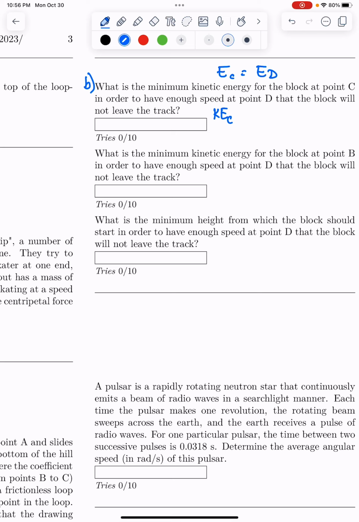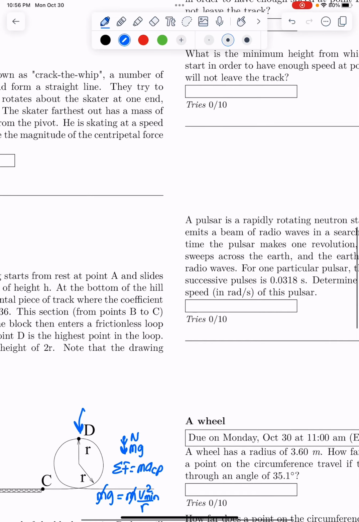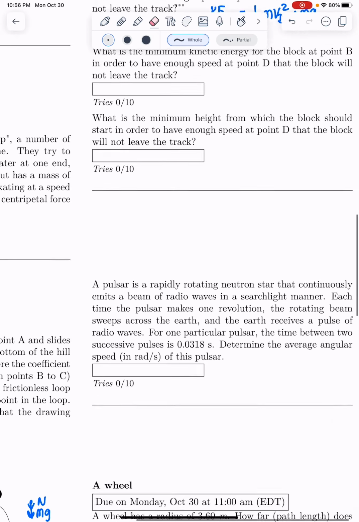At C it has only kinetic energy, and at D it has kinetic energy, 1/2 m v_D squared, that we just calculated, plus mgh. And h at D is above the ground 2r.